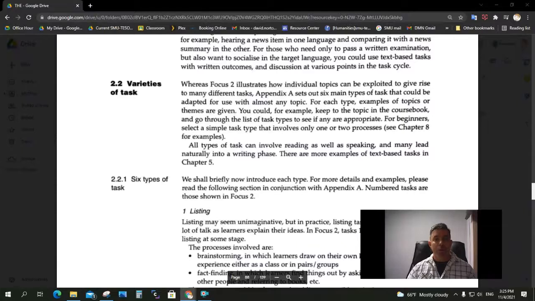And the author goes on to say that if you require your students to use certain grammar in a certain activity, and you say, well, but it's meaningful because they're talking about themselves or whatever, they're going to do one of two things, right?